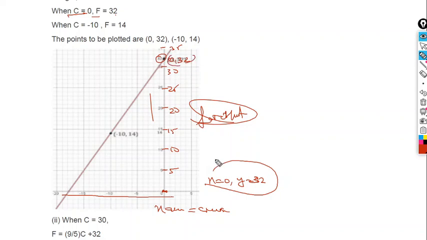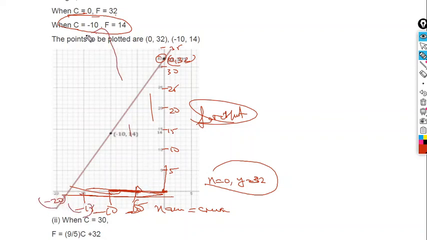Now another point, minus 10, 14. This is the y-axis, and towards the left of the y-axis, x-axis is negative. So minus 5, minus 10, minus 15, minus 20, like this.